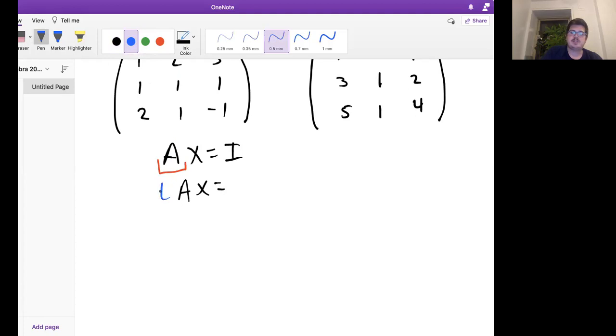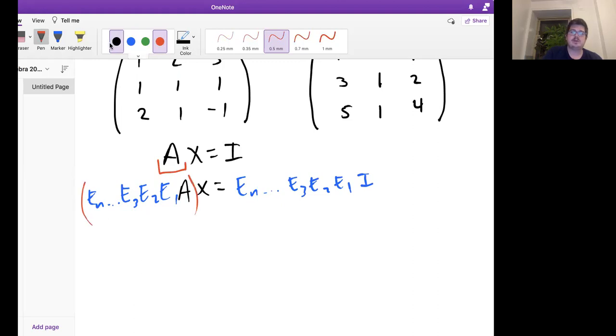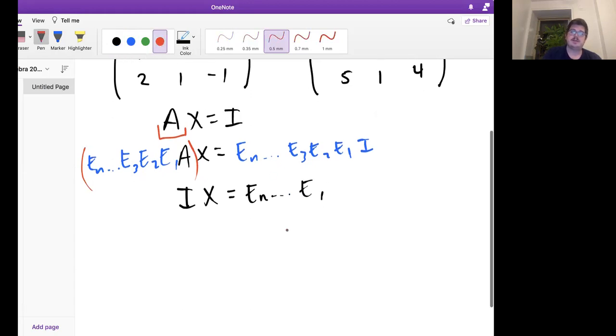We can use elementary matrices to multiply A, such that it cancels out A, and you're left with the identity matrix. So if you can find these elementary matrices that do this, then you have found the inverse. This would be the inverse, A inverse.